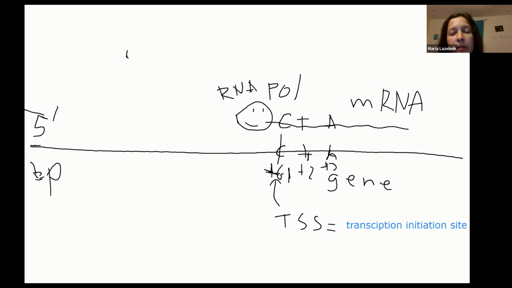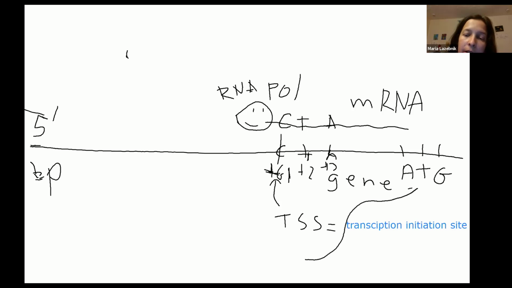So again, this is our gene. We have the transcription start site, and the enzyme RNA polymerase makes the mRNA. Somewhere in the gene, there's an ATG. ATG is known as the translation start site.